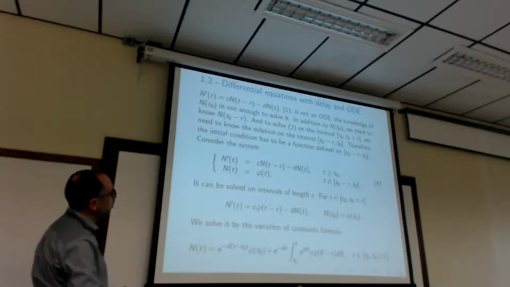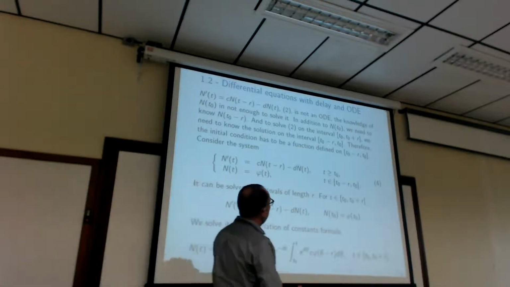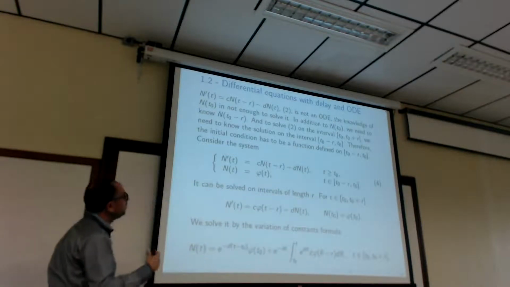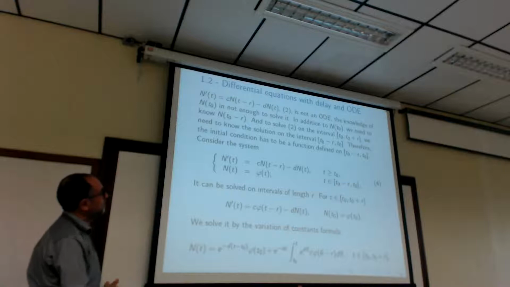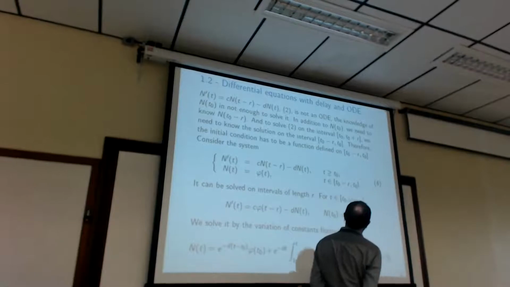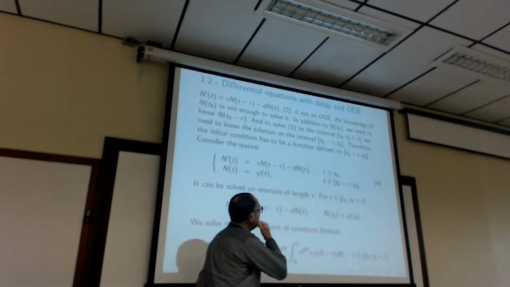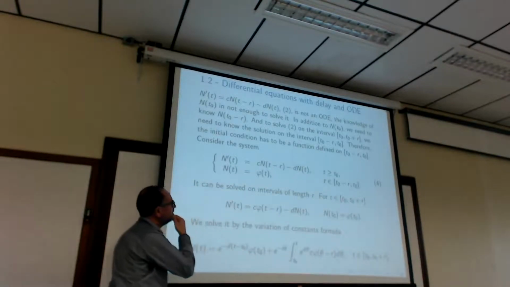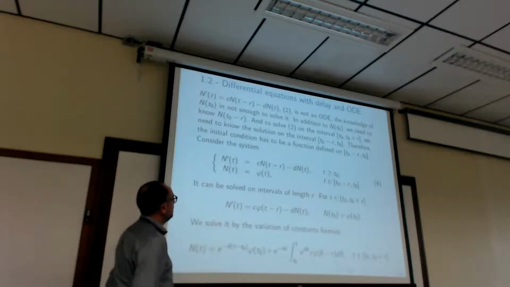We need to know the solution on the interval before, that means t0 minus r, t0. And therefore, to solve the equation from t0, the initial condition has to be defined on the interval t0 minus r, t0.